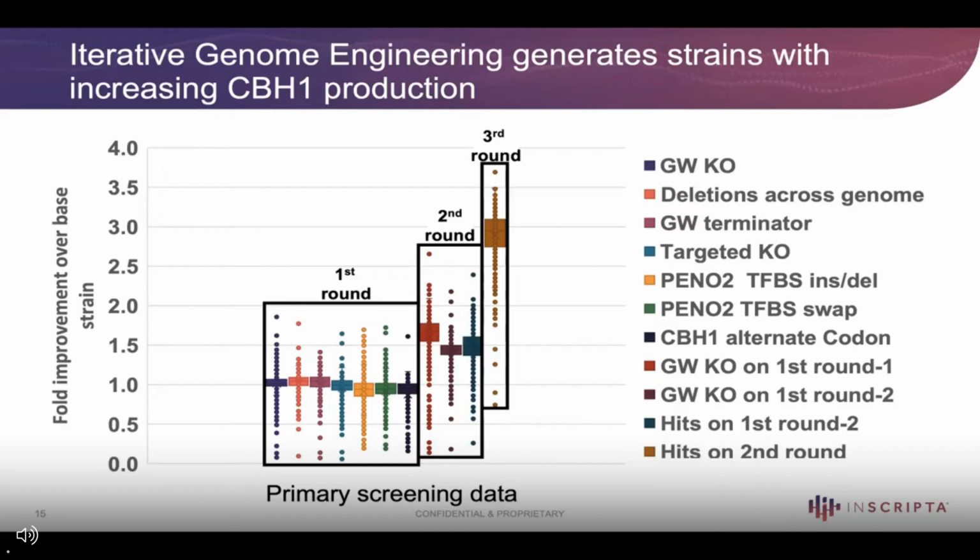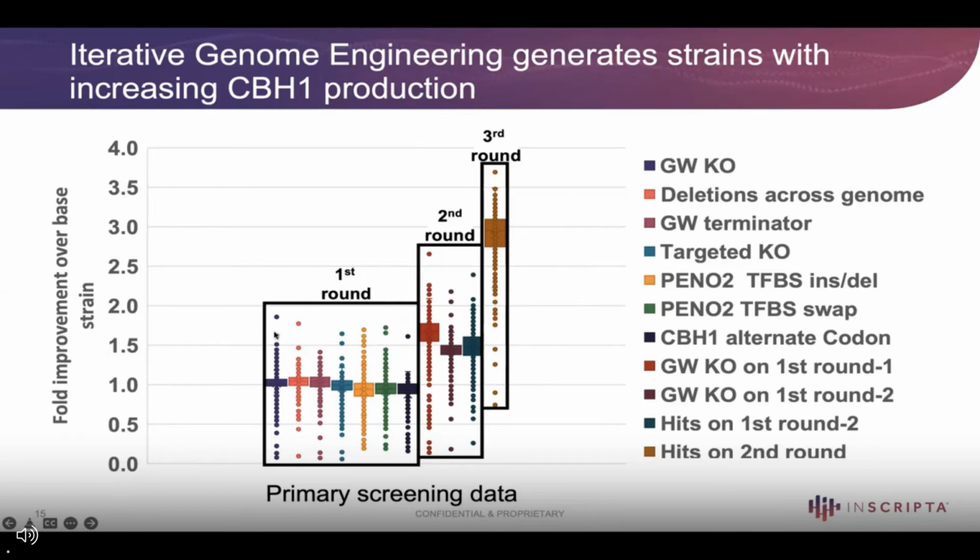Even on that first round, this screening gave a number of different fold improvements over the base strain. You can see they're hovering around 1, but in every case of all of these libraries that I just talked through, there's a number of different variants hitting that 1.5 to 2-fold improvement already in that first round of editing. So we're seeing that CBH1 in these strains is already being overexpressed.